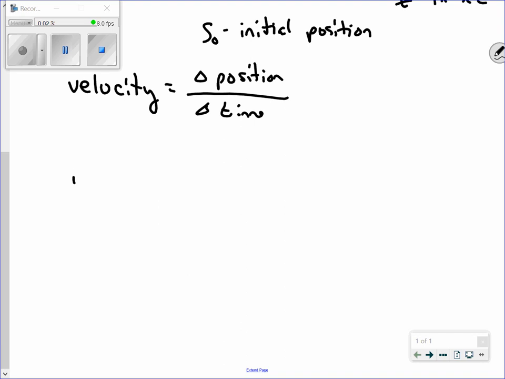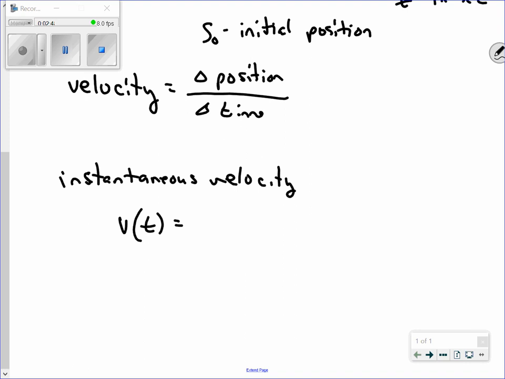We are now going to look at instantaneous velocity, and we will designate that with V. It is equal to the derivative of position, the rate of change of position. How does position change?